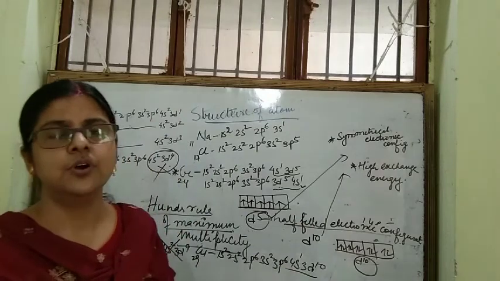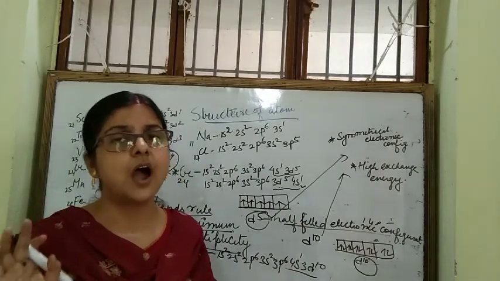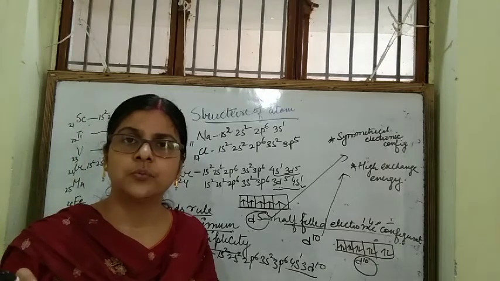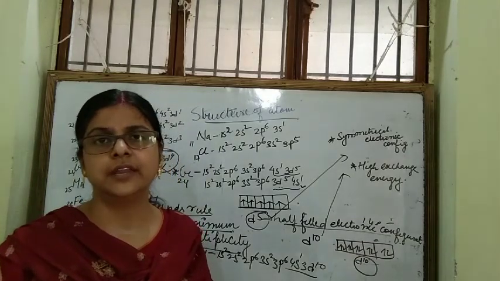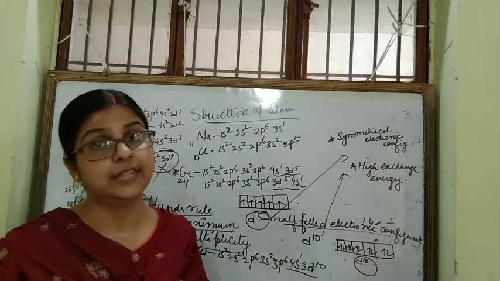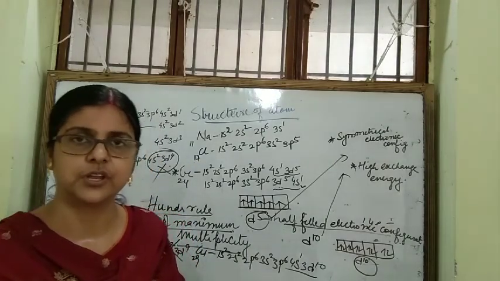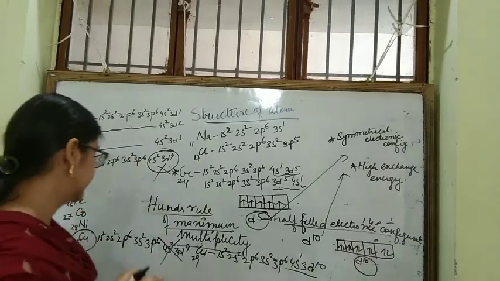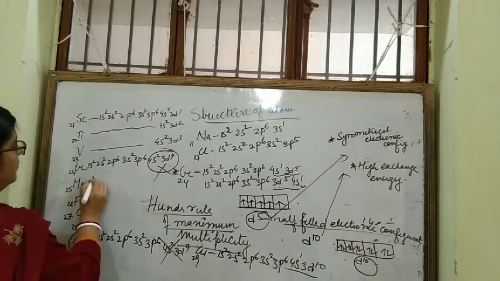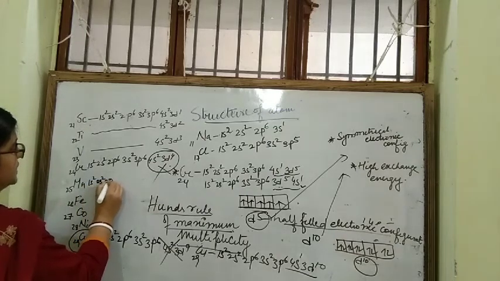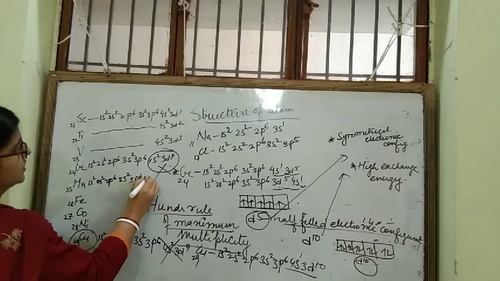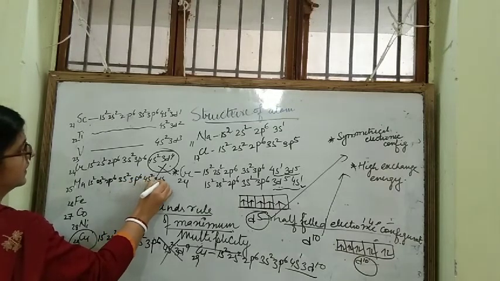So we'll have to remember how to write the electronic configuration, and whenever there is an exceptional case, how to write that electronic configuration. You see here, for manganese it has no problem: 1s2, 2s2, 2p6, 3s2, 3p6, 4s2, 3d5.